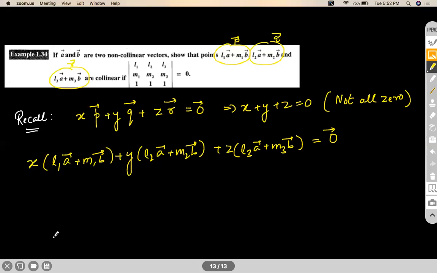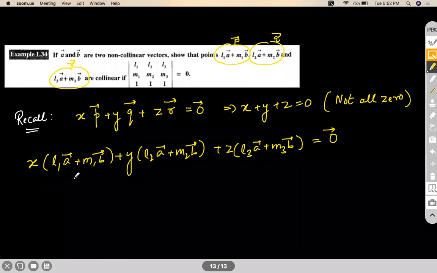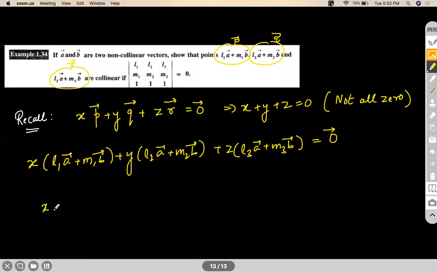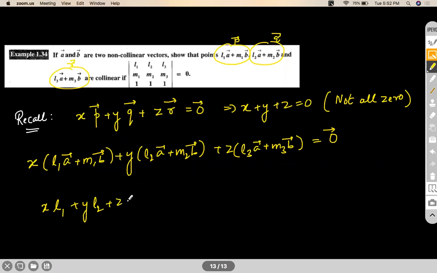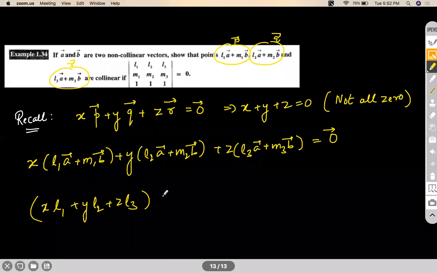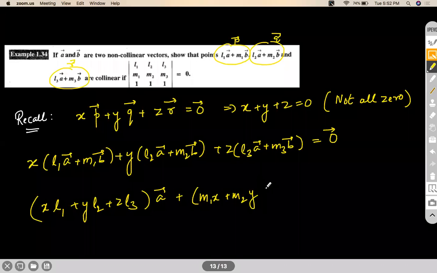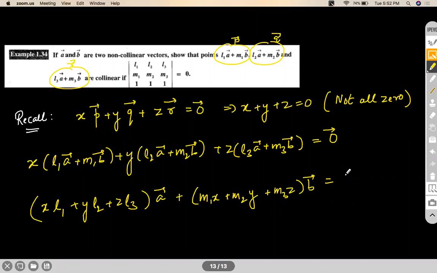Correct? Yes or no? Now, if you collect all your A coefficients, what do you get? You get (x L1 plus y L2 plus z L3)A plus (M1x plus M2y plus M3z)B equal to null.